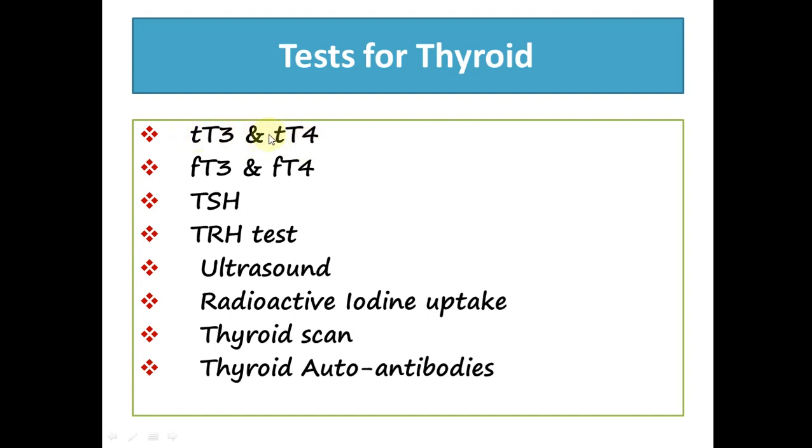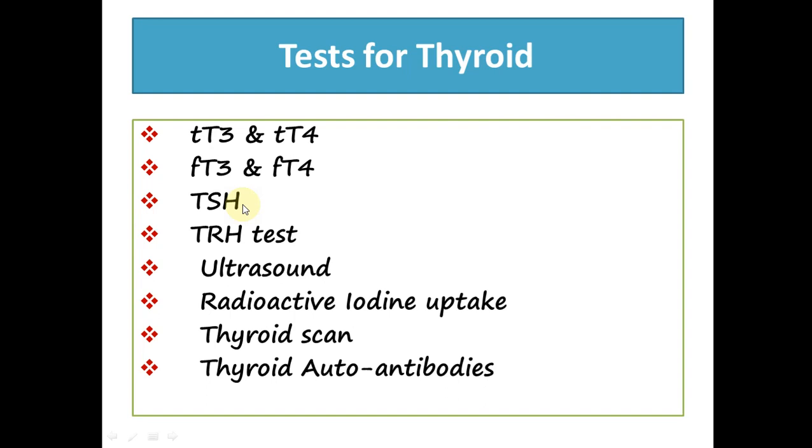So we can measure the total T3 and total T4, but it is less valuable. And the small amounts of free T3 and free T4, which is the active form and which is the functional form of the thyroid hormones, their measurement is of great importance. And even more important is the measurement of the thyroid stimulating hormone.